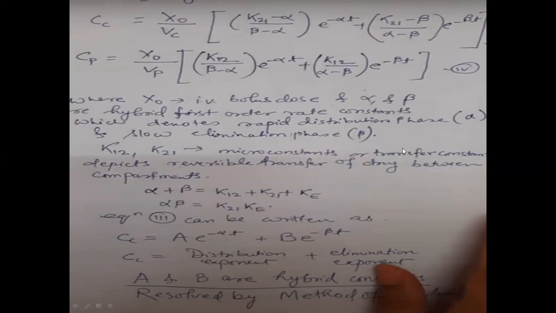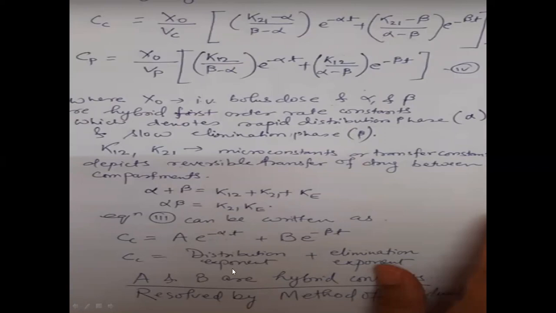Here K12 and K21 are the transfer constants, and alpha and beta are called hybrid constants. Here is the formula you have to remember. Alpha can be noted as A and beta can be noted as B.